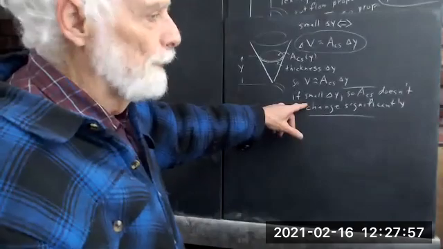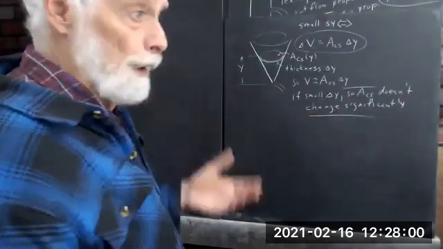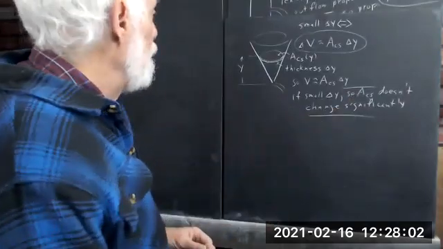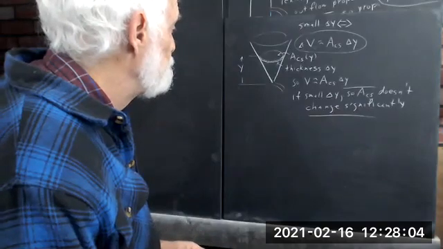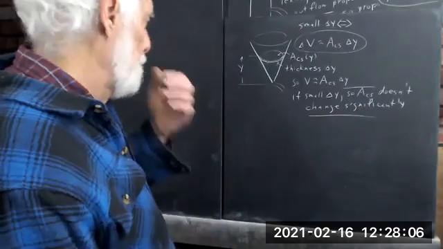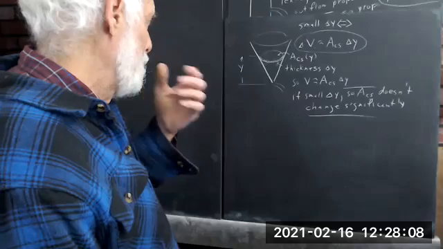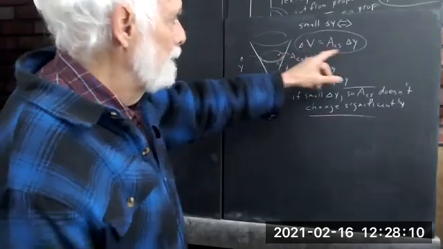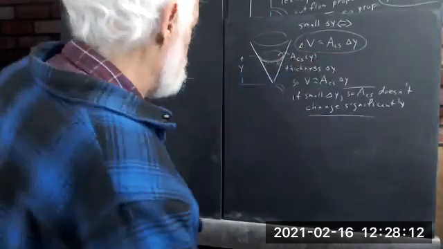Good, Richard. Okay, small delta y, cross-sectional area doesn't change significantly. And that justifies this.